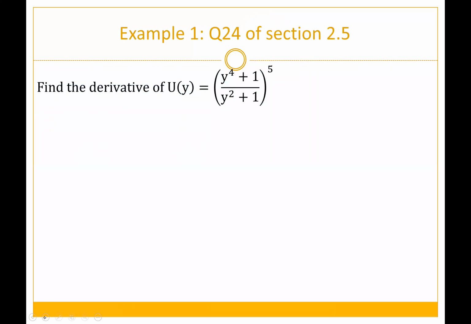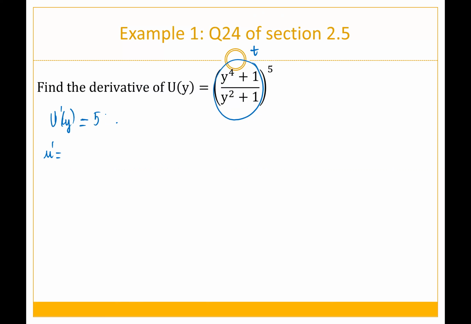Let's start with the first example. Find the derivative of this fraction to the fifth. Let's call this thing u. So you have 5u to the fourth multiplied by u prime. What is u prime? Okay, this is pretty bad, and not u. Let's call it t.